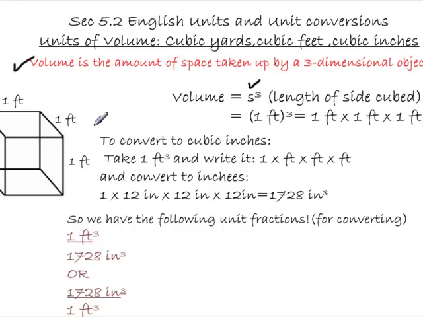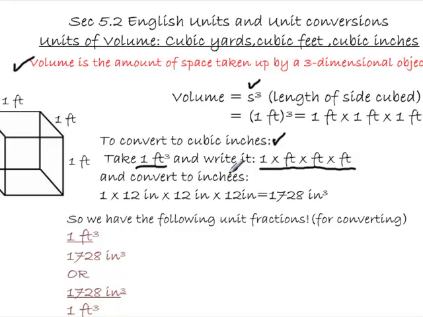So this box has a volume of 1 cubic foot. When we want to convert to cubic inches, we want to know how many cubic inches there are in this cubic foot. We can take 1 cubic foot and write it as 1 times a foot times a foot times a foot.